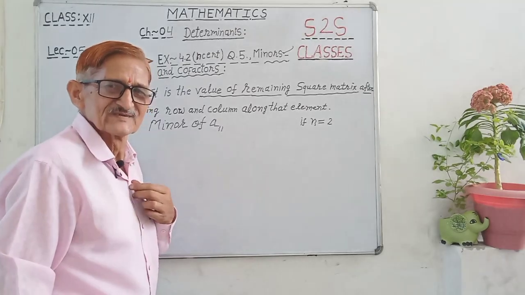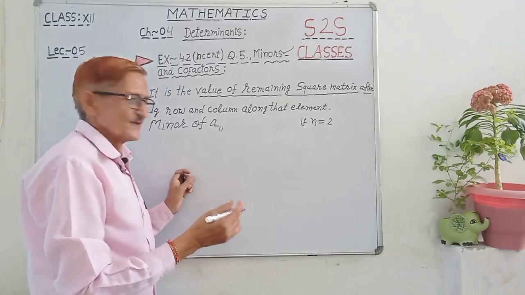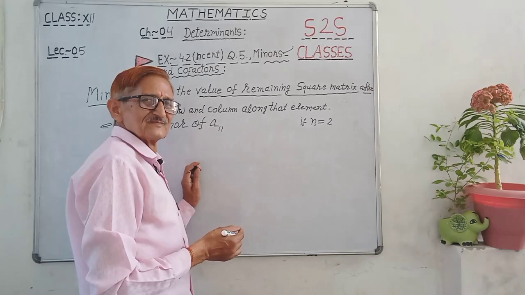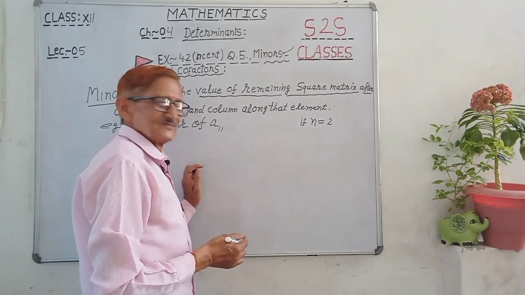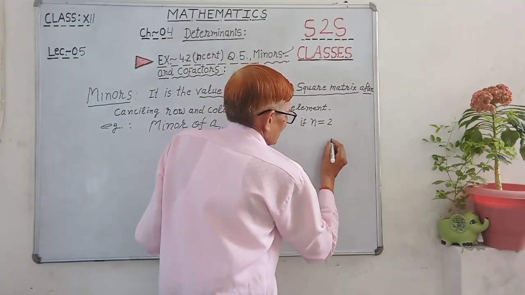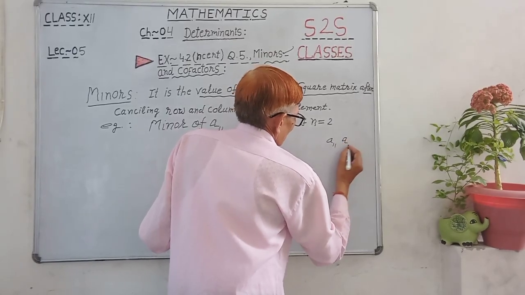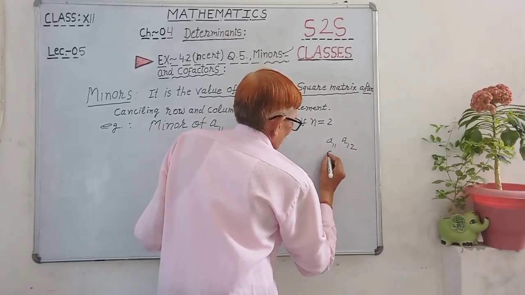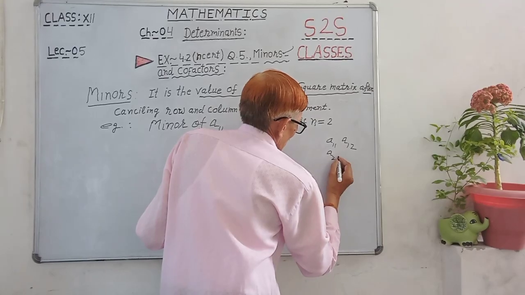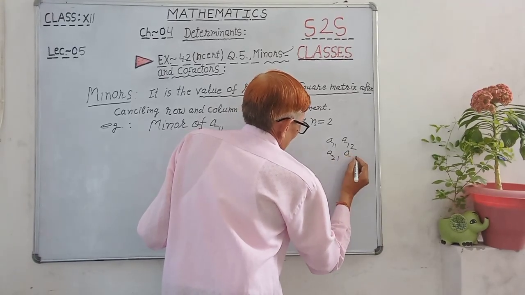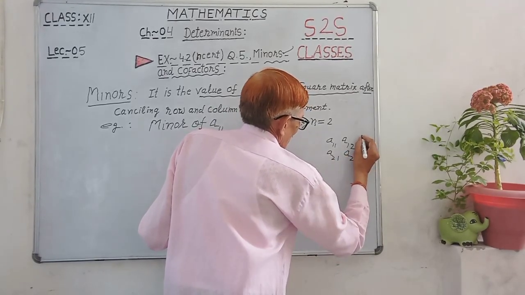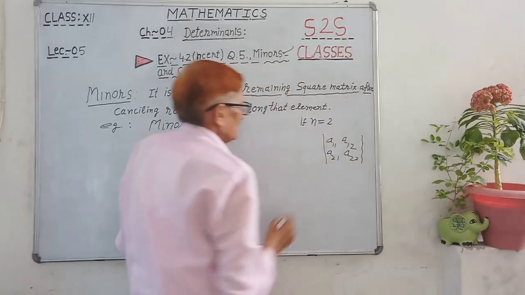So what is left? 2 by 2: A11, A12, A21, A22. This is 2 by 2.